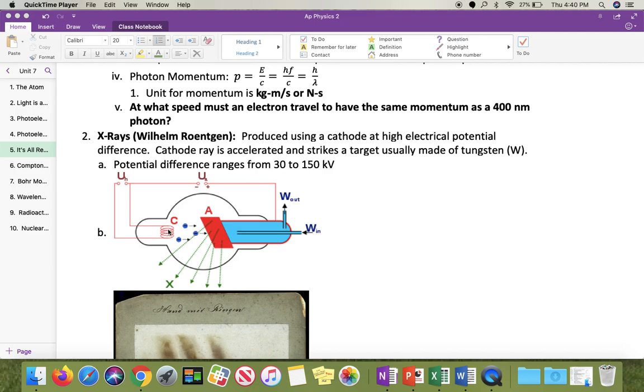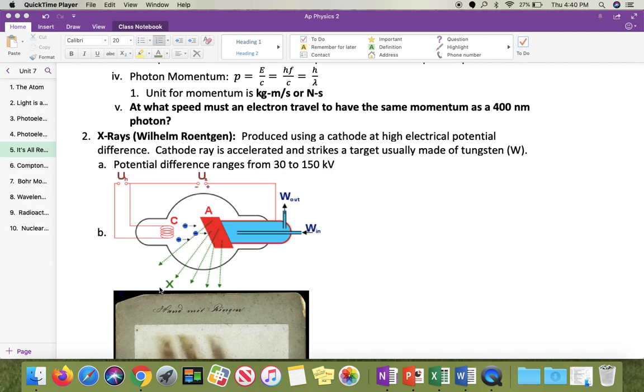So what happens is we heat up this filament and we accelerate these electrons. The electrons strike this tungsten plate and electromagnetic radiation is ejected. Now, if you look at this, we just finished up with the photoelectric effect. And remember, the photoelectric effect went in the opposite direction.